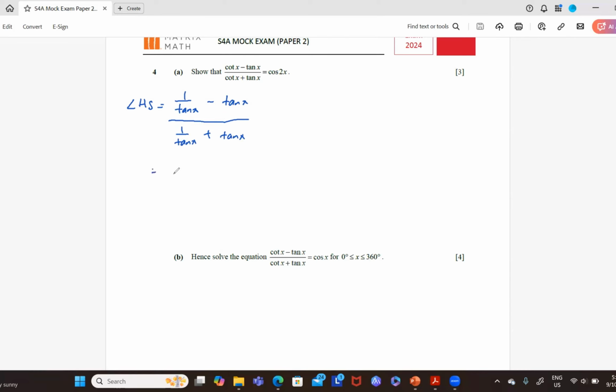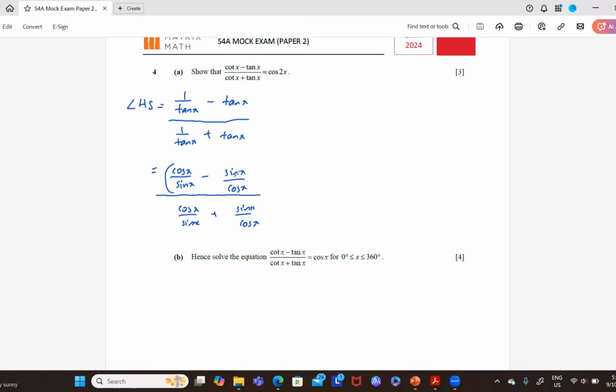So 1 over tangent x will be cosine x over sine x minus sine x over cosine x, over cosine x over sine x plus sine x over cosine x.